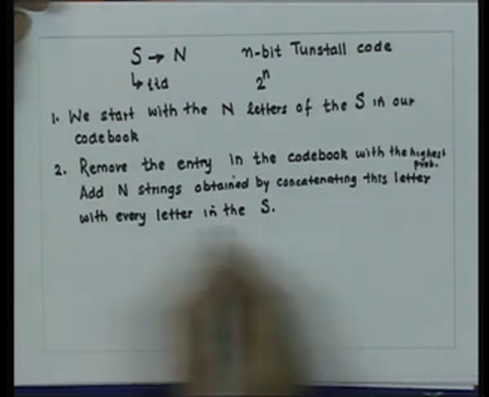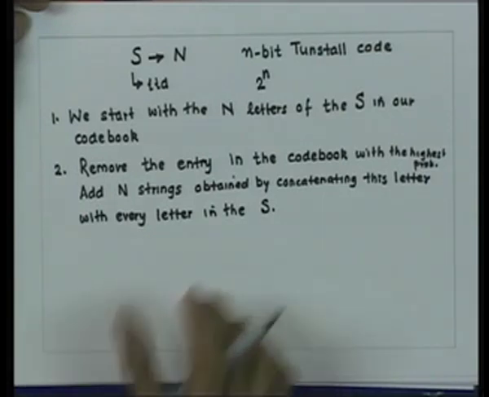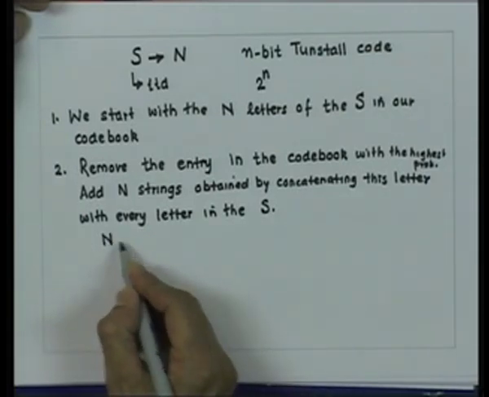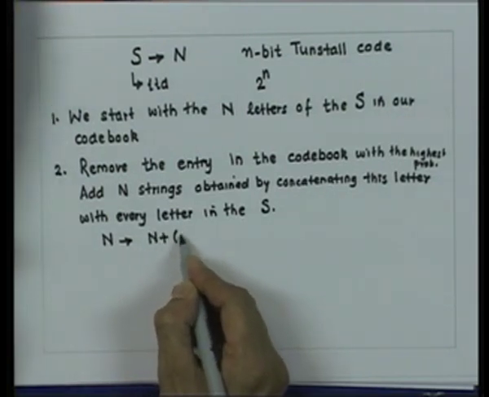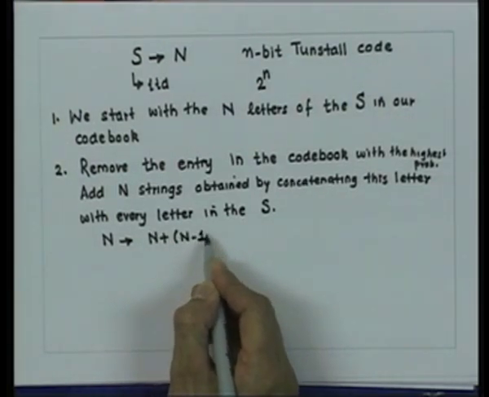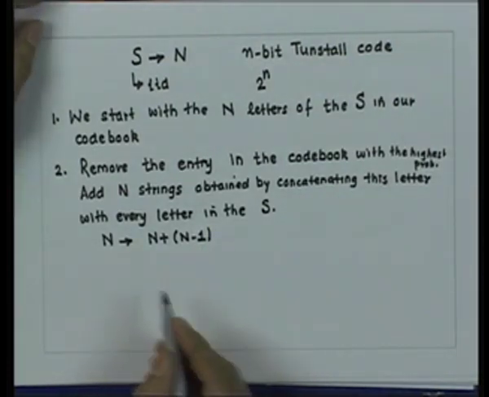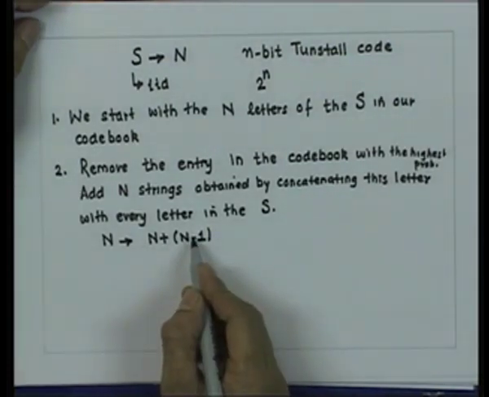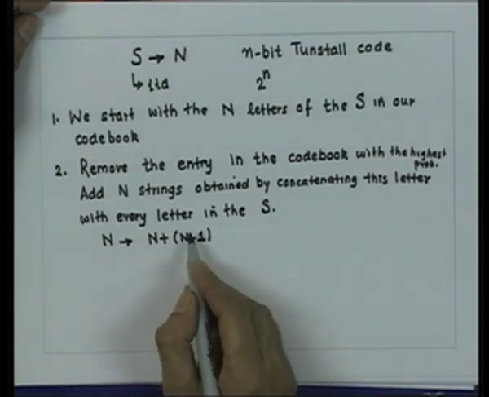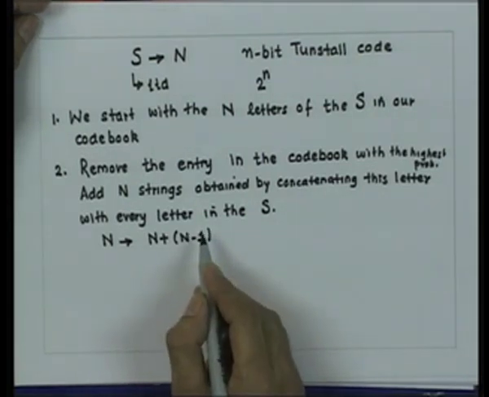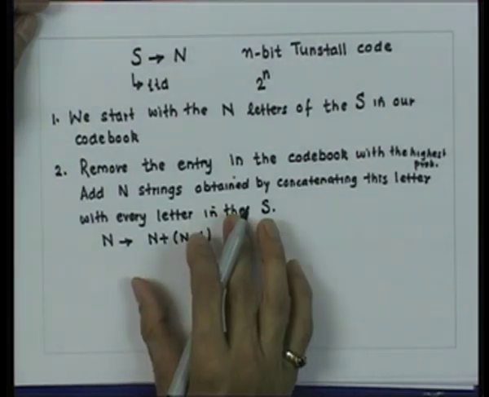So, now this will increase the size of the code book from n to n plus n minus 1, and the probabilities of the new entries will be the product of the probabilities of the letters concatenated to form the new entry.